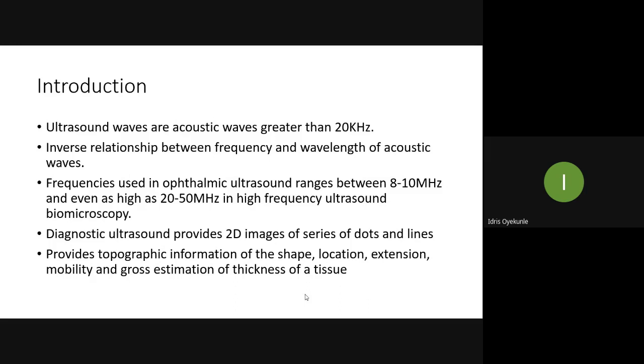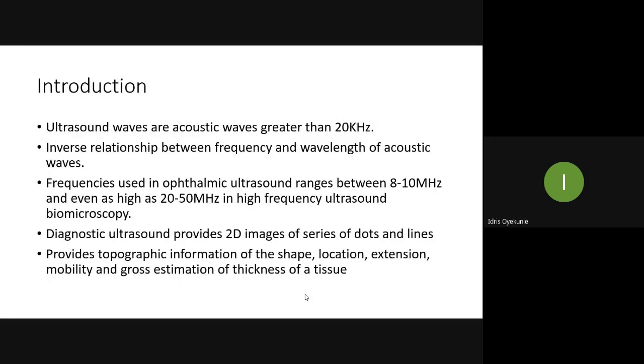This is important because when we send our patients for ultrasound scan, if they use a machine that has a very low frequency, then we're going to get a very poor resolution. So it's important to note this when we're sending our patients out for ultrasound scan.